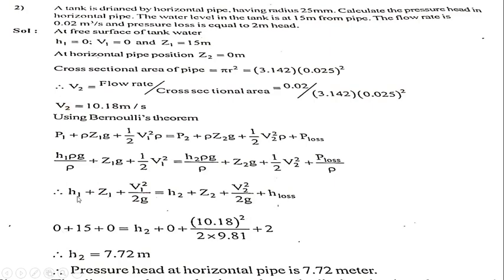Putting the values, 0 plus 15 plus 0 equal to H2 plus 0 plus 10.18 bracket square upon 2 into 9.81 plus 2. Therefore H2 equal to 7.72 meter, and the pressure head at the horizontal pipe is 7.72 meter.